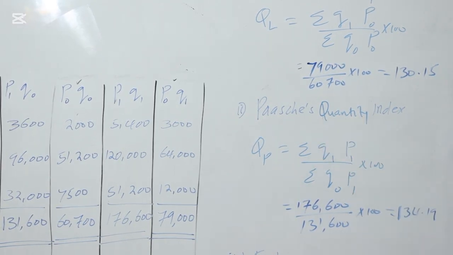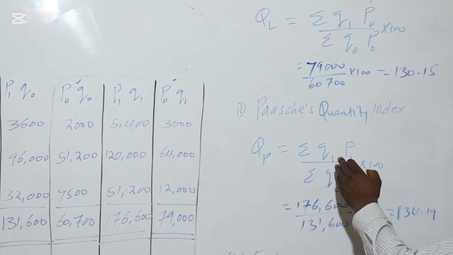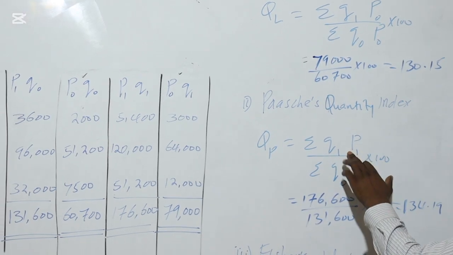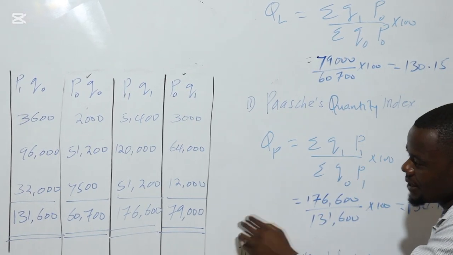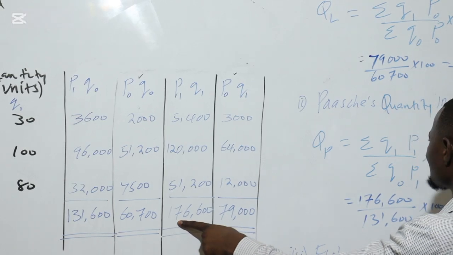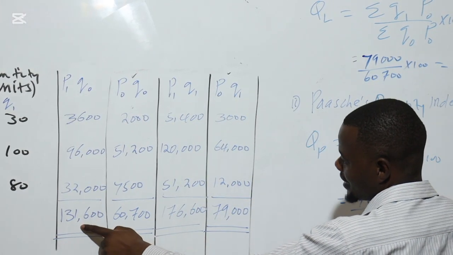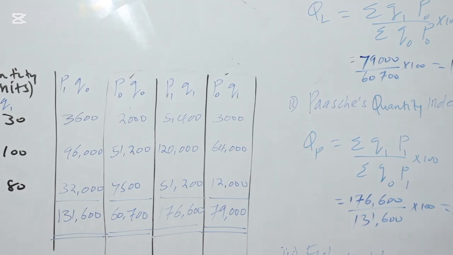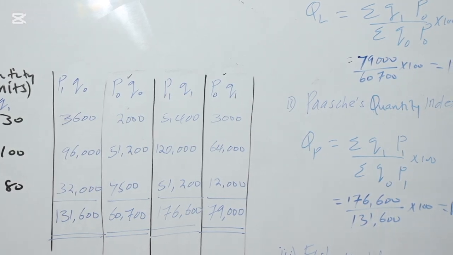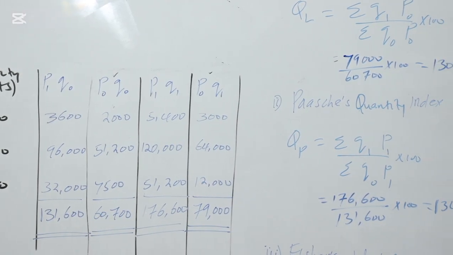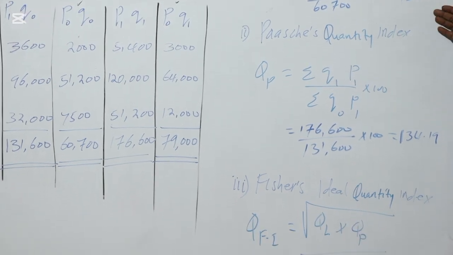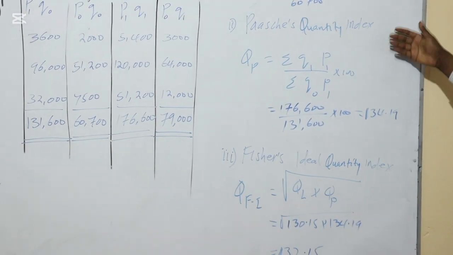The Paasche quantity index, the summation QP. So Q1P1, the summation was 176,600. Q0P1, the summation was 131,600. When you plug it in, you get 134.19. And Fisher's ideal is the square root of the product of the two.